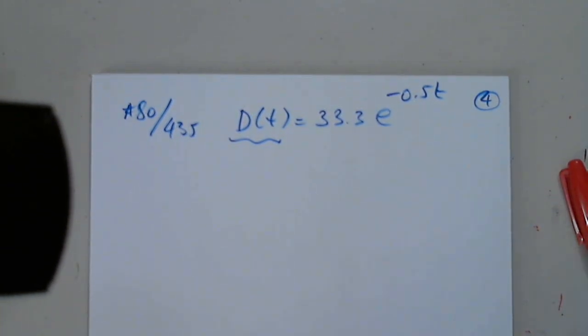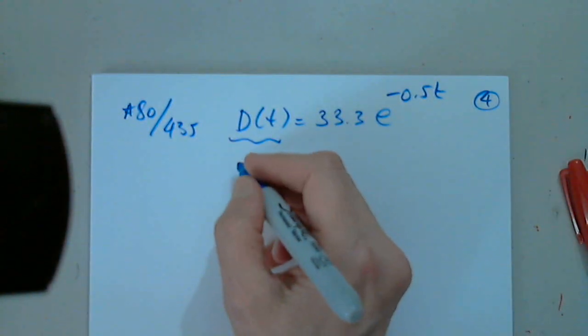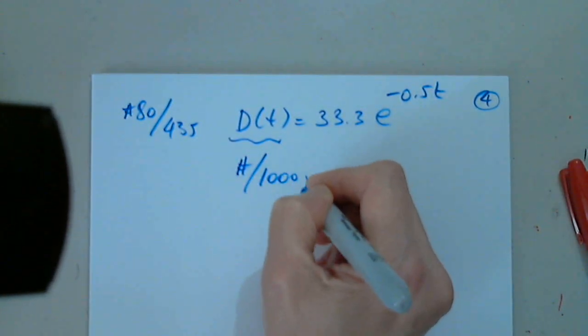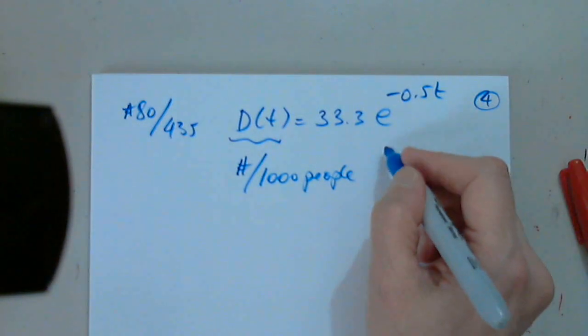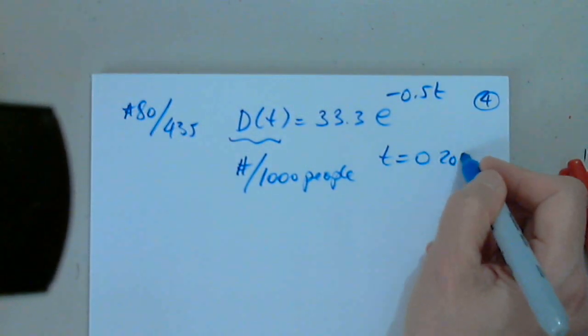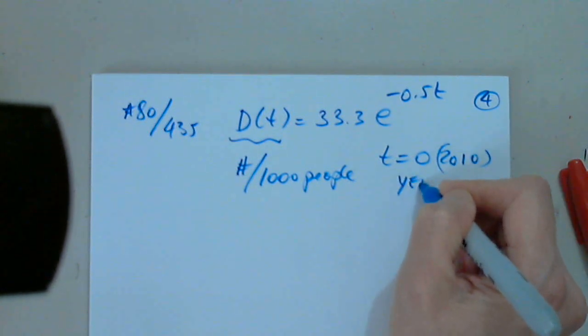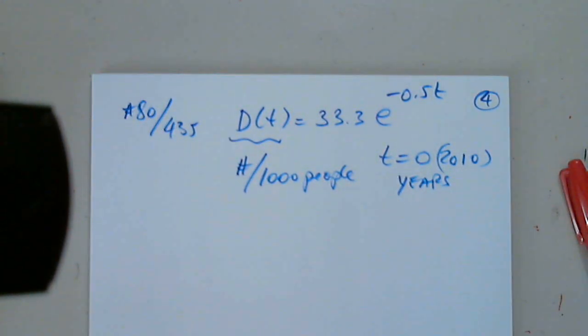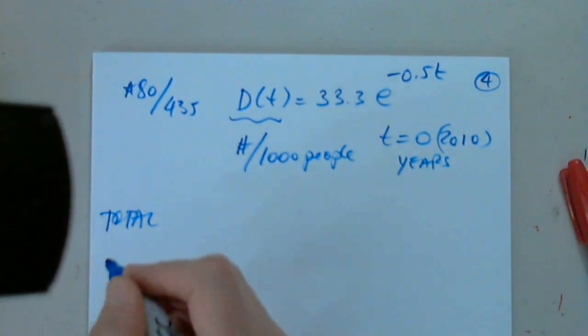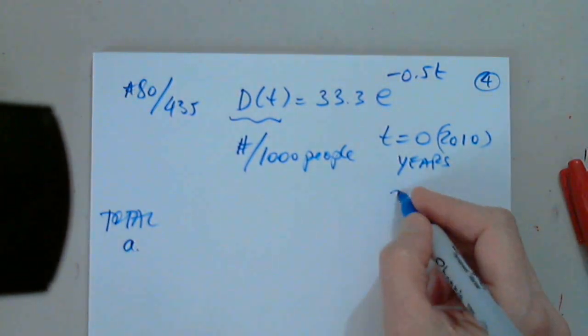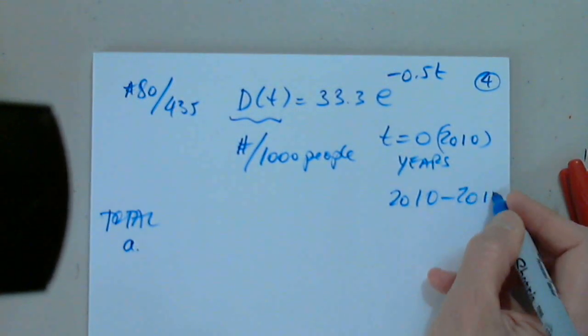Please, please, please. So this is number per 1,000 people per year. T equals 0 represents 2010 and is in years. Perfect. Find the total number of divorces per 1,000 people from 2010 to 2015. So the total, this is part A, from 2010 to 2015.